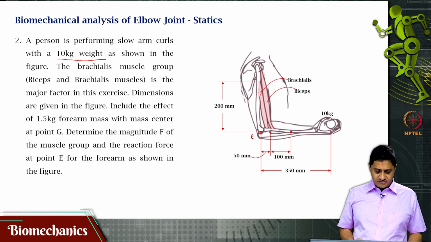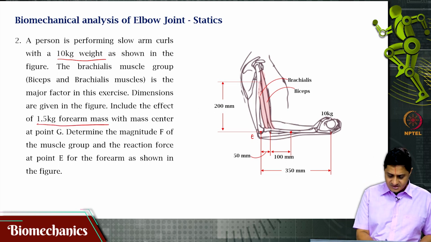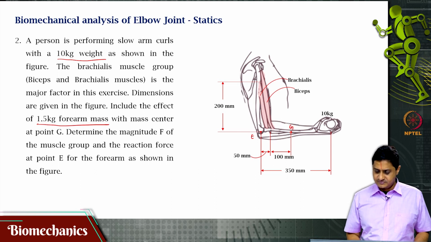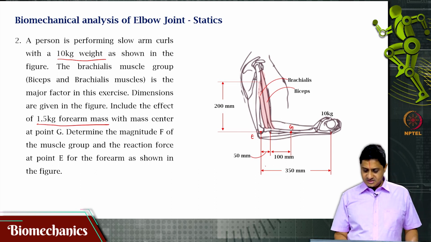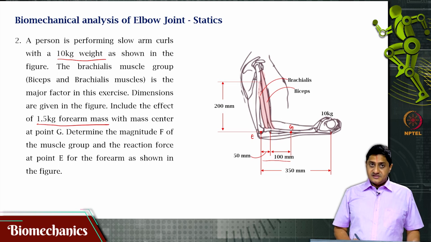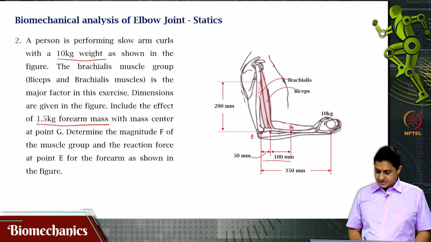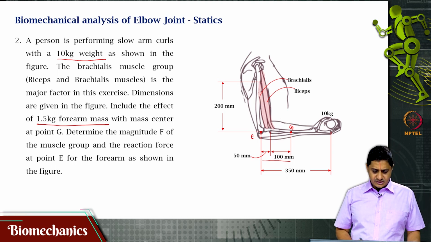Include the effect of 1.5 kg of forearm mass. Forearm mass is acting from this point G, which is at a distance of 150 mm from the elbow joint. Determine the magnitude F of the muscle group.